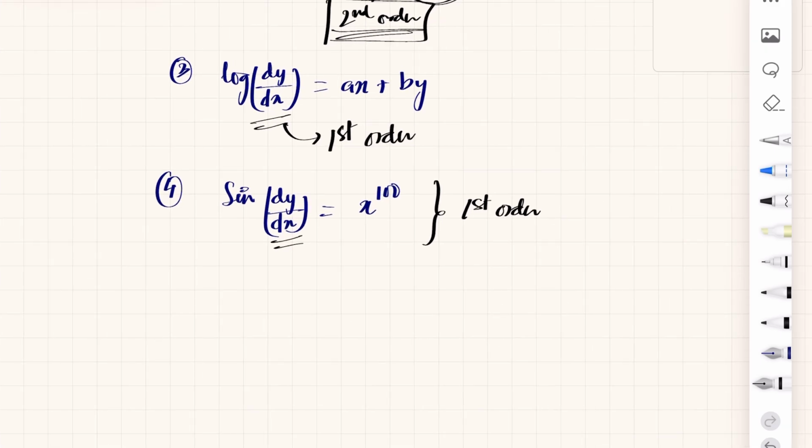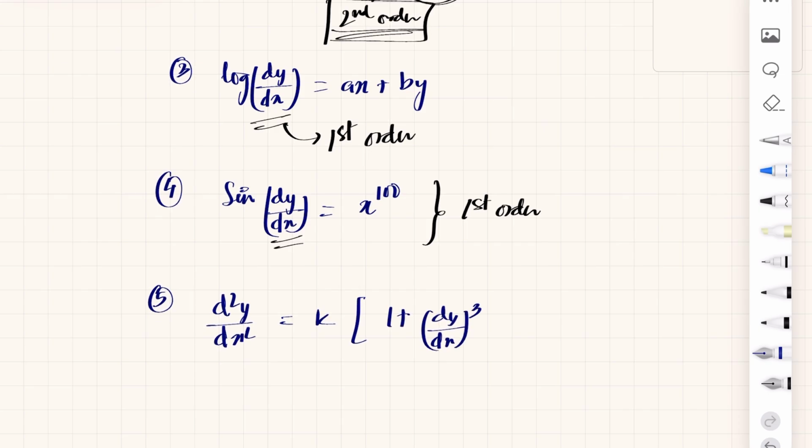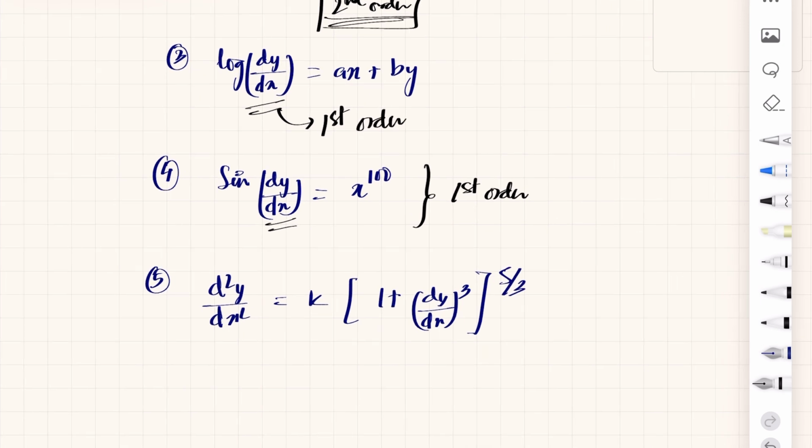So what if I give an example: dy by dx squared plus dy by dx cubed, whole to the power 5 by 3. What about this? How many derivatives are there? We have 2 derivatives. And which one is the highest? This is the highest.